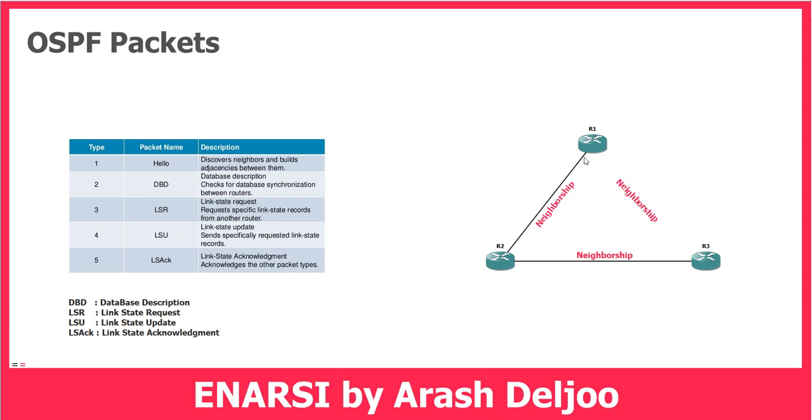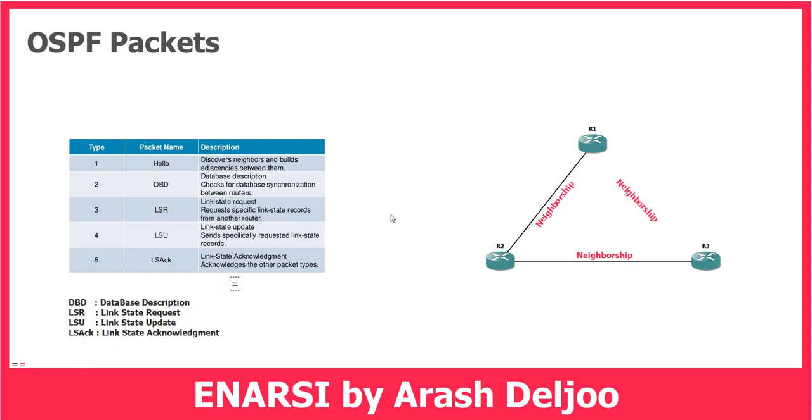When R1 sends its link state to R2, we expect this link state to be received in R3 without any change. Let me first introduce this scenario. After that, I will talk about what happens when we have one line between R1 and R3. Here, we can start our talk about, for example, the link state of R1.